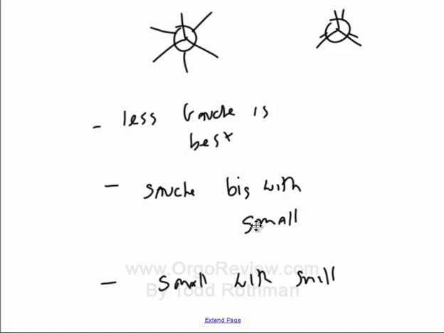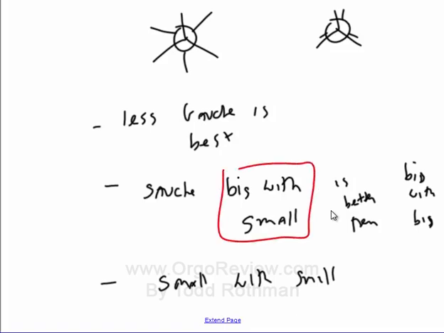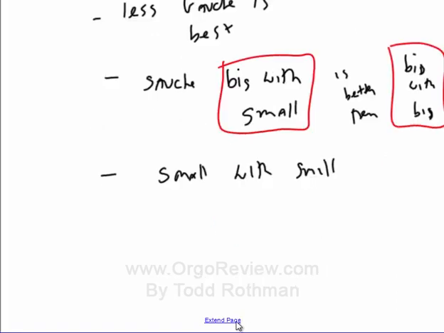Big with small, yeah, if you have to have a big gauche, right? So let me write, big with small is better than big with big. That, I guess, is the full logic to think about, right? So big with small is better than big with big. But if we can do small with small, that's best, right?